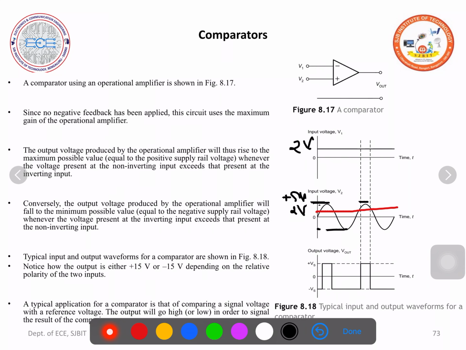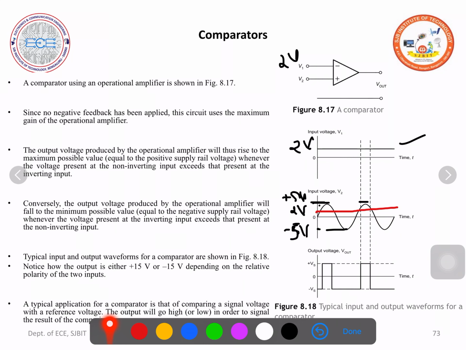Here this is minus 5 volts. Voltage at V1 is always 2 volts because this is DC. But the signal applied at V2 is a sinusoidal signal. It always starts from 0, goes to the peak plus 5 volts, comes back to 0, goes to minus 5 volts, then 0, plus 5, 0, it goes on changing.